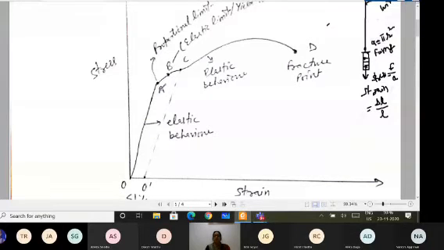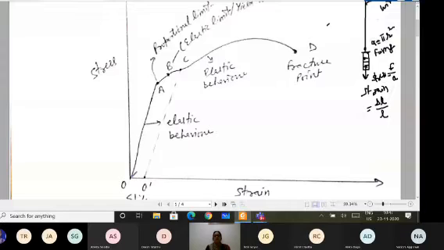Now, if we increase the stress a little further, a very small value, then up to this point B, if I remove the weight, the wire is able to regain its original length. O means no strain; here strain is 0. It means this O point gives the actual length L of the wire.